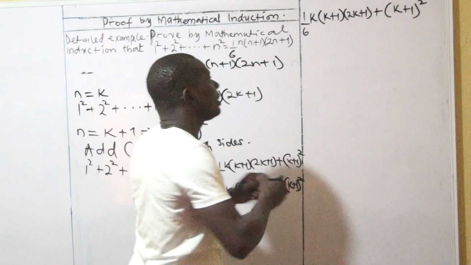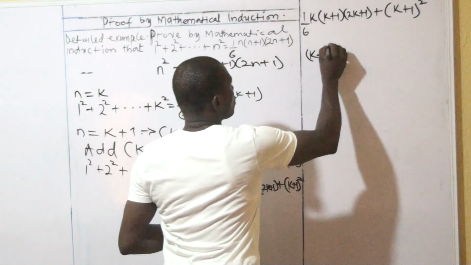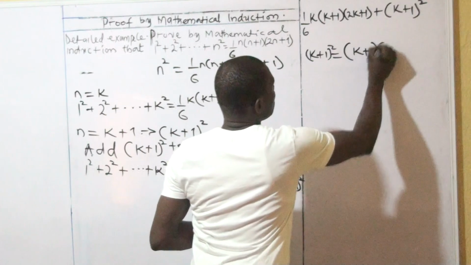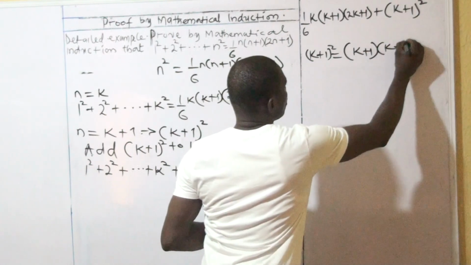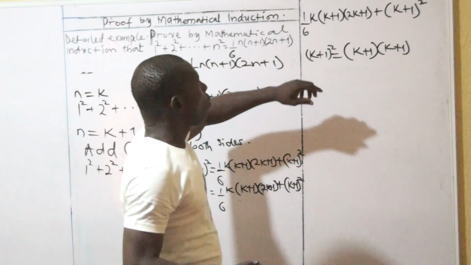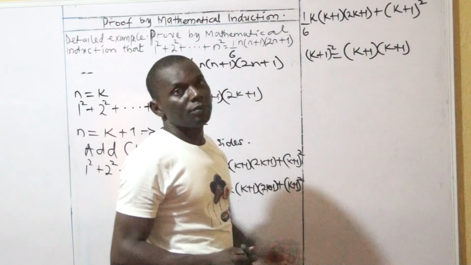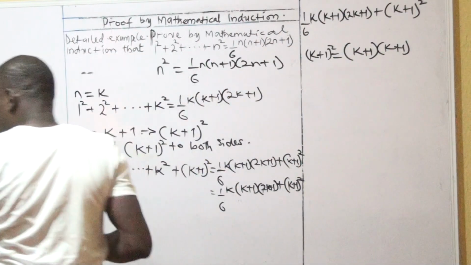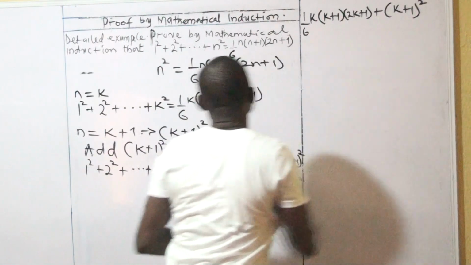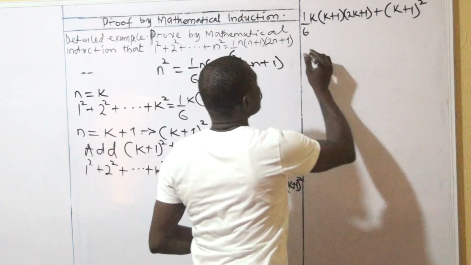The k plus 1 all square also means k plus 1 times k plus 1. So what it simply means is that we have a common term of k plus 1, and that is what we're going to factor out. So the common factor here is k plus 1.